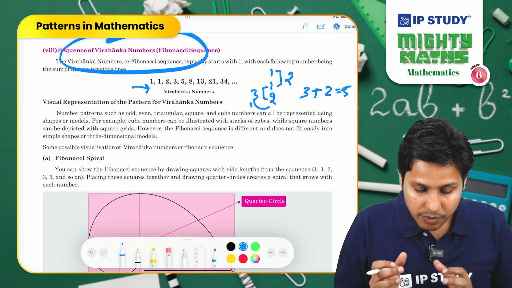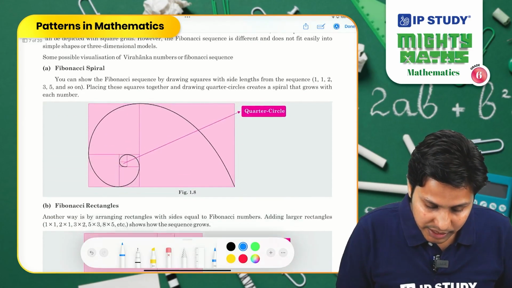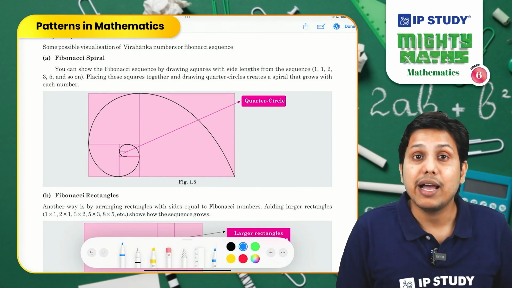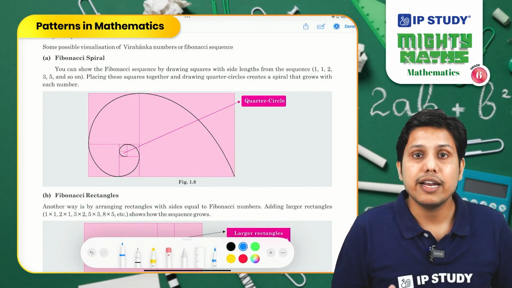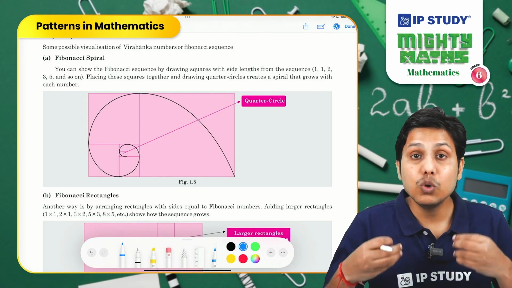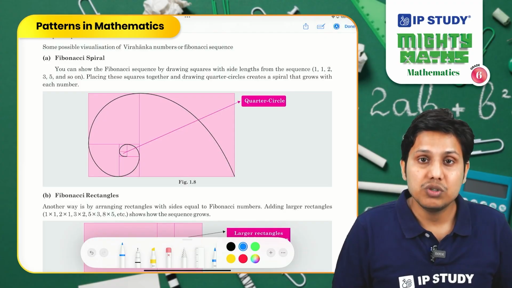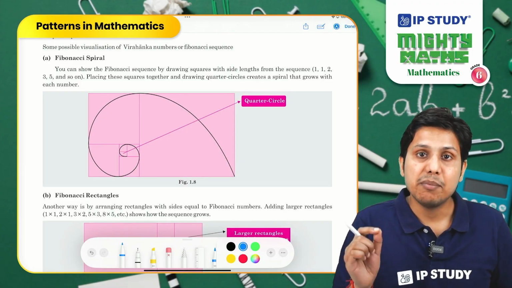Okay, so when these numbers are arranged in the form of a visual representation, we can have 2 cases. One is the Fibonacci spiral and the second is the Fibonacci rectangle. Let us understand the difference between these 2 visual representations. The Fibonacci spiral uses smaller squares with side length equal to the member it is representing.